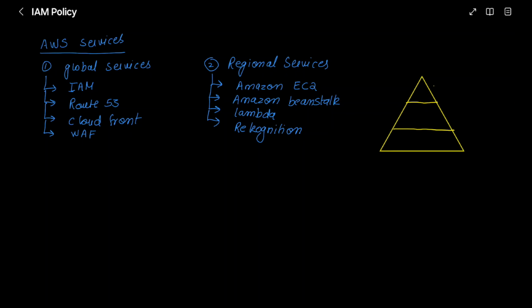The top section, I'm going to call it SaaS, which stands for Software as a Service. Then I'm going to write PaaS, which stands for Platform as a Service. And then I have IaaS at the bottom, which stands for Infrastructure as a Service.